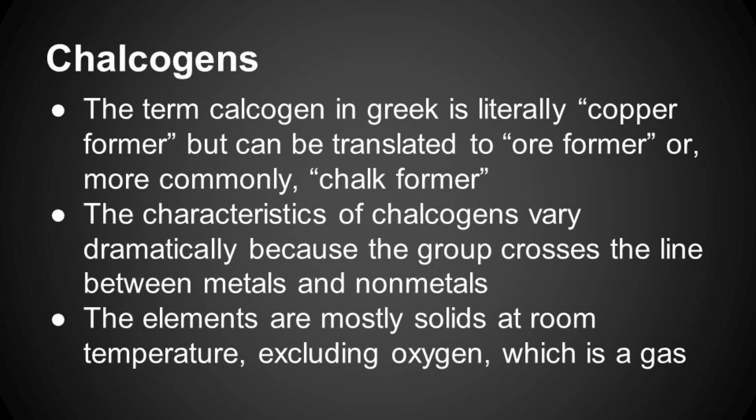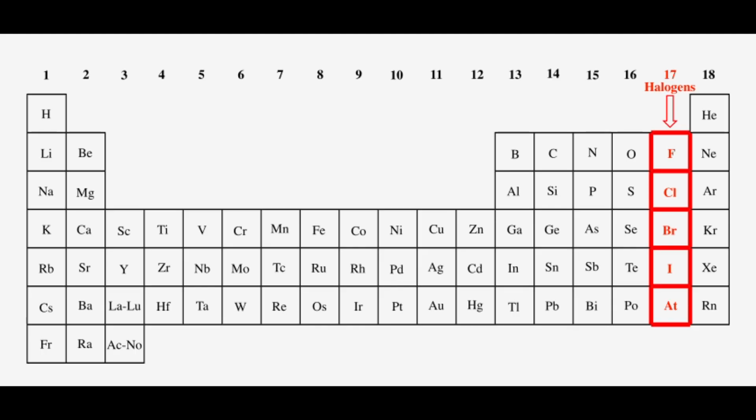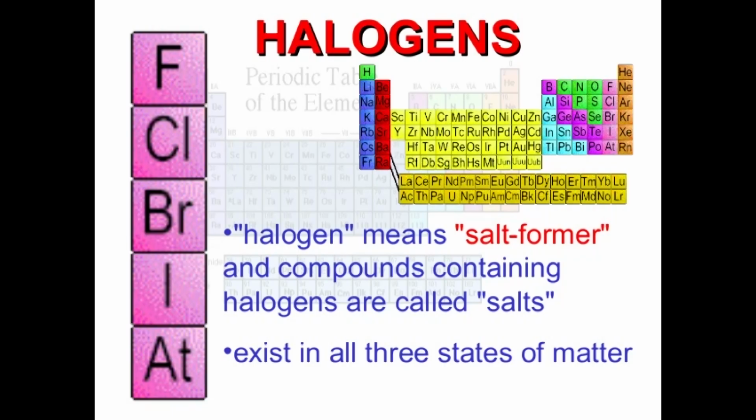That is ore generators or ore formers, because they are all found in copper ores. The next group is the 17th group. The name of the 17th group is halogens. Here halo means salt and gen means generators. So halogen means salt generators.